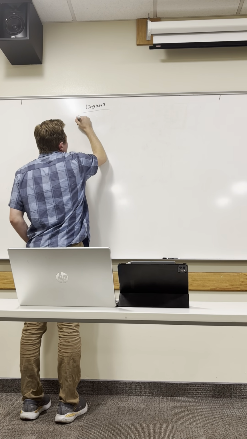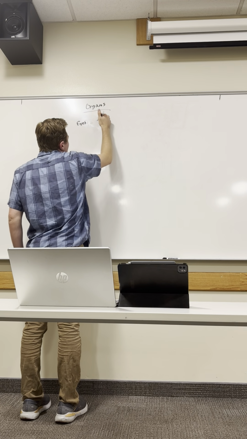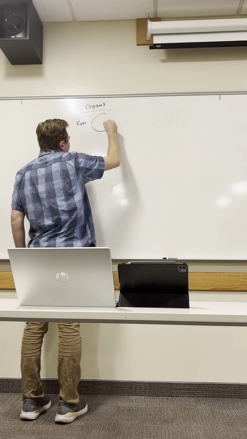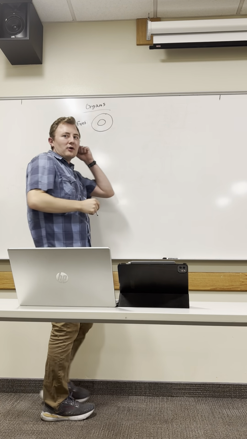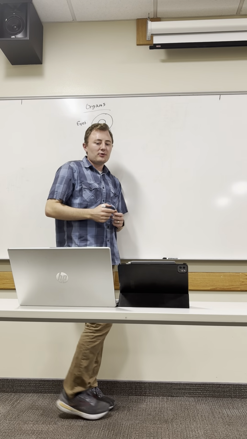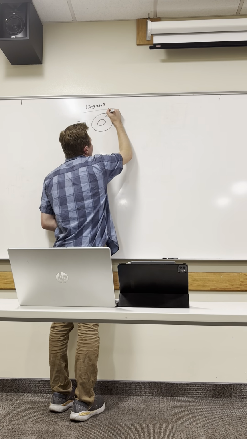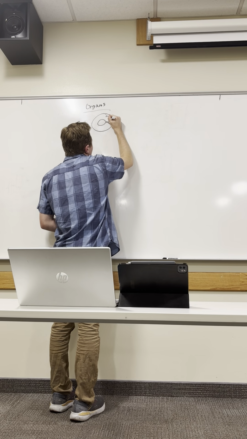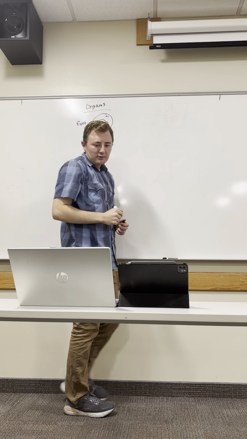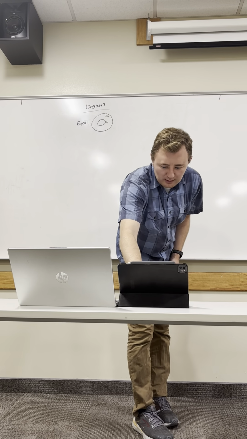So in our eyes, the eye has two muscles. We have an outer and an inner muscle. The outer muscle, we have alpha-1 receptors. In the inner muscle, we have muscarinic 3 receptors.